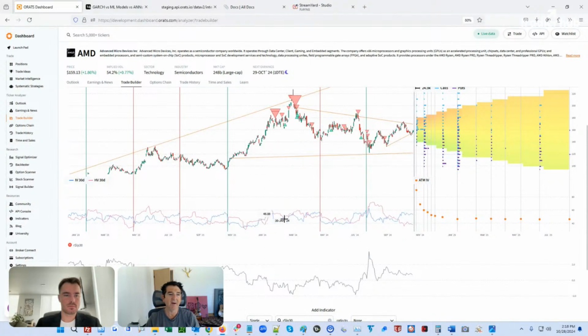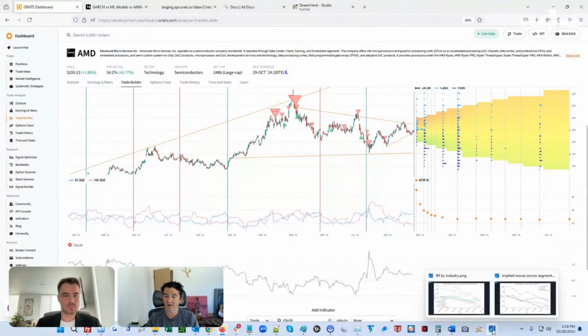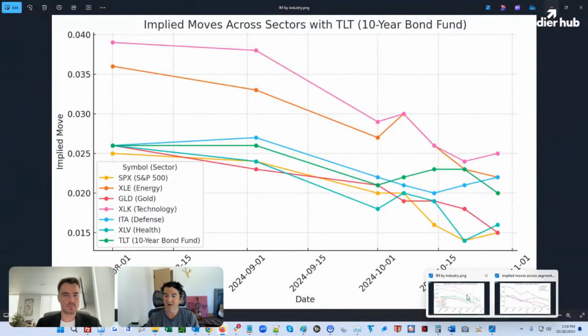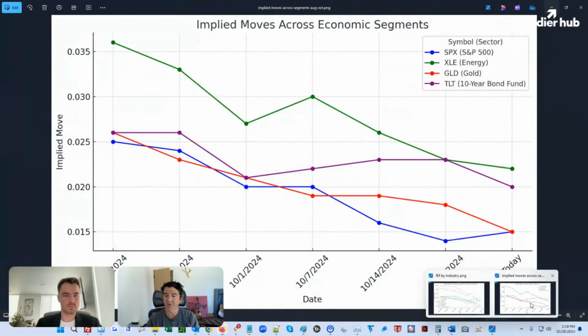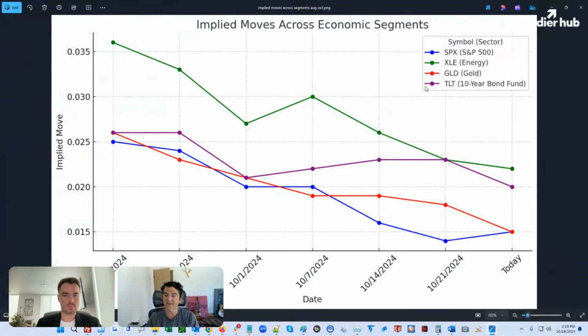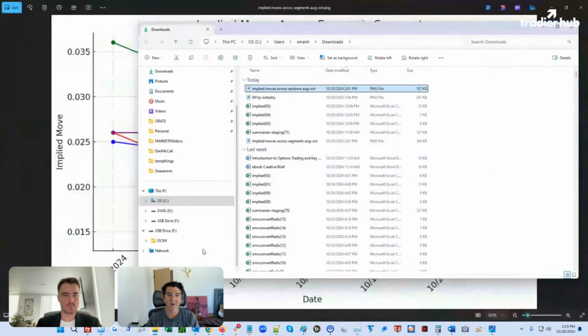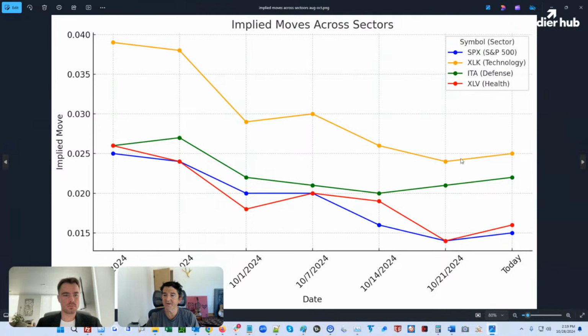But now what we could do is start to say, okay, what should we do to profit from this? Again, we look at implied volatility across economic segments and across industry sectors.